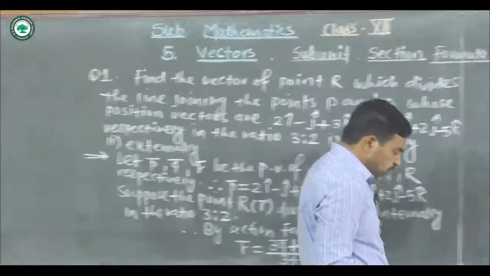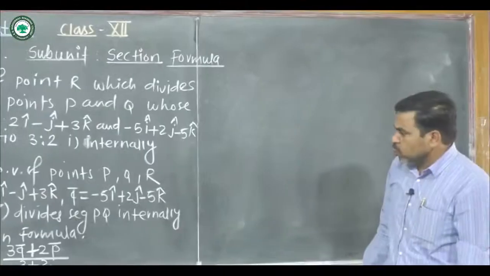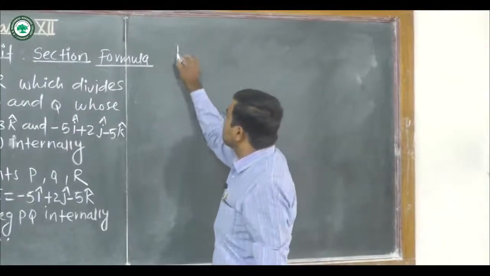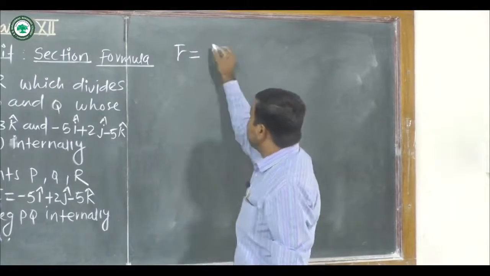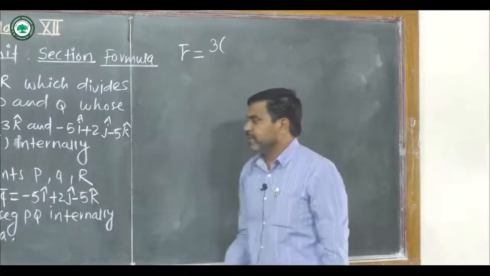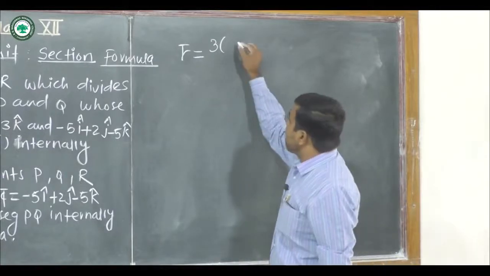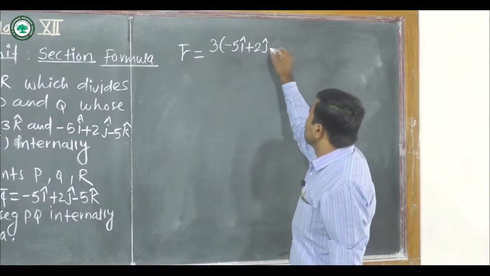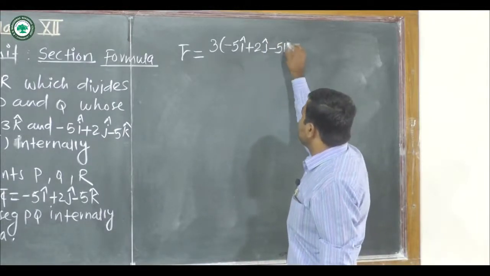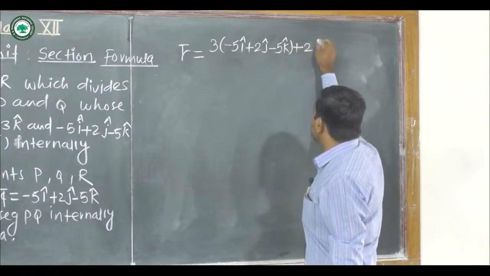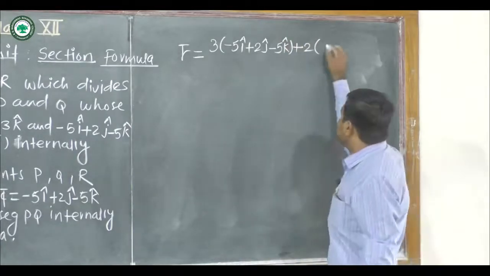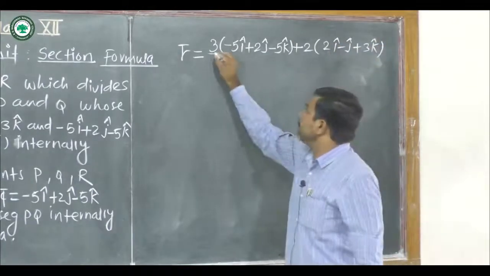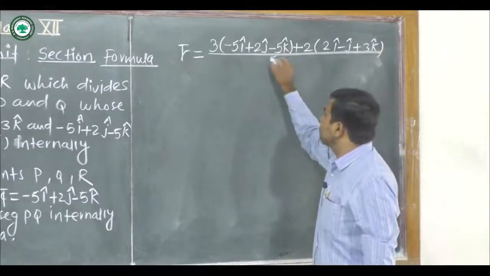Again, r bar is equal to 3 into q bar. Now what is q bar? Minus 5i cap plus 2j cap minus 5k cap, plus 2 into p bar. What is p bar? 2i cap minus j cap plus 3k cap, divided by 3 plus 2, and you know that 3 plus 2 is 5.